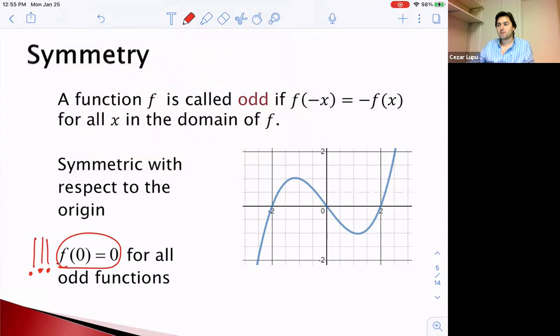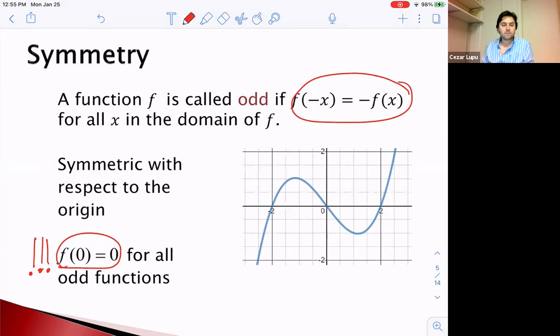This is similar to when the function is even, but you have just a negative extra sign here.